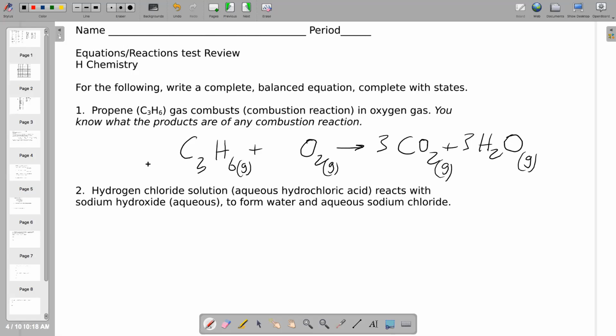To fix the problem of having odd numbers of things, you can double everything you've already balanced. So if I put a 2 in front of the propene instead, and then instead of a 3 here and here, you could put 6s, that forces the number of oxygens to be even. Now there's 18 oxygens on the right, like 6 times 2 is 12, another 6 is 18. So then a 9, that'll balance that equation.